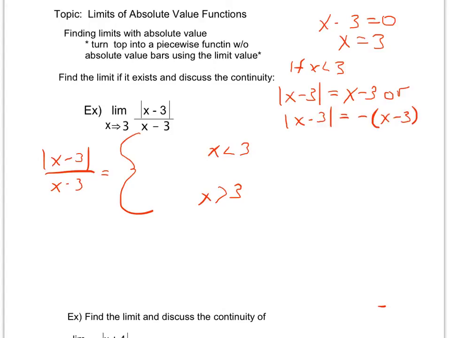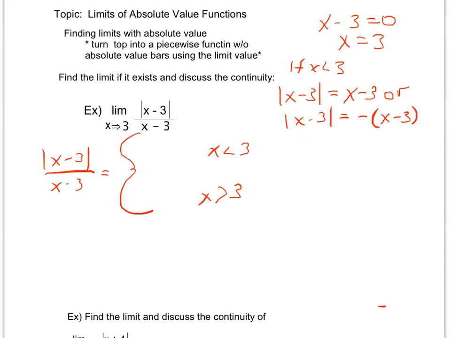So I can pick a couple test points to try. Let's say I pick x is 2. If I plug 2 into the absolute value of x minus 3, I get the absolute value of negative 1, which is 1. Notice if I plug 2 into x minus 3, I get just negative 1. However, if I plug 2 into the opposite of x minus 3, 2 minus 3 is negative 1, the opposite of that is 1, and it is equal.